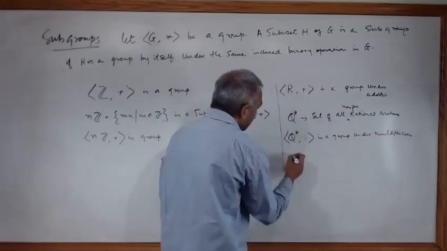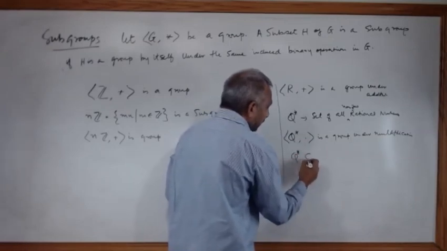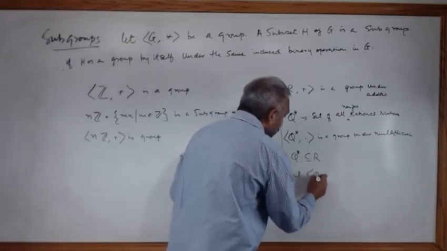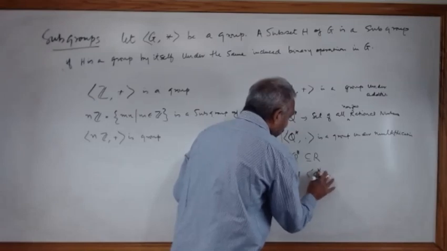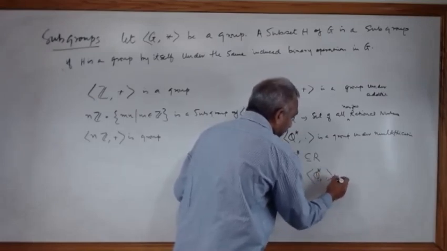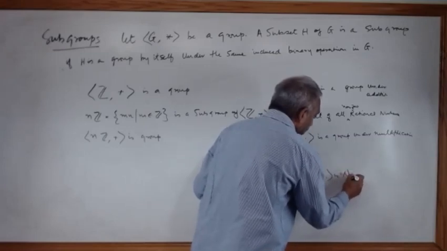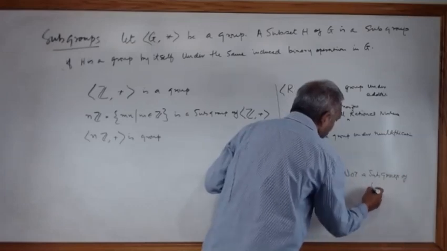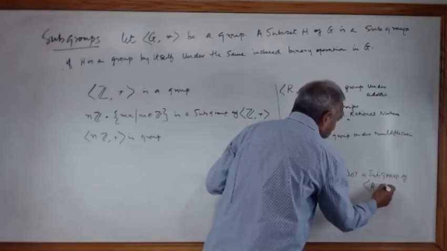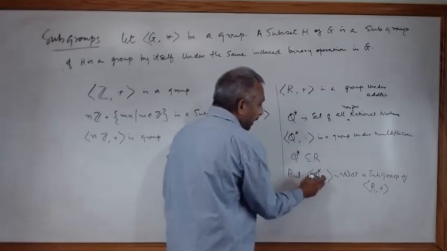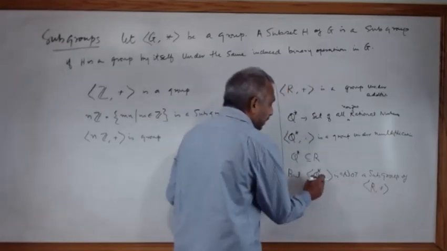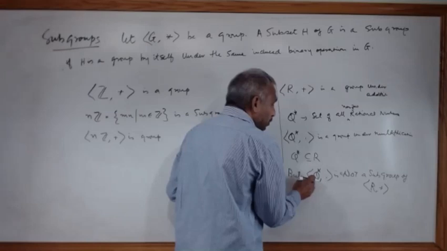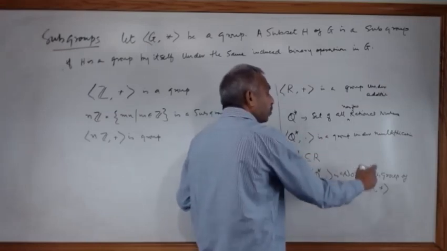But as a set, Q star is a subset of R. But Q star under multiplication, Q star dot, is not a subgroup of R plus, because the binary operation is different. That is very important. It is not just the subset. The subgroup has to get the binary operation from the group. It is the same.